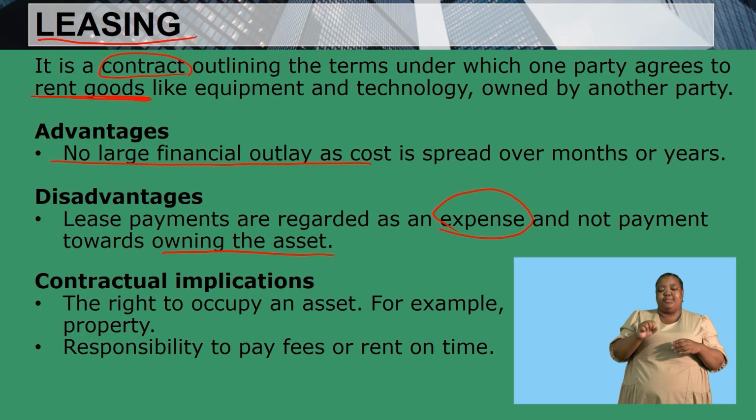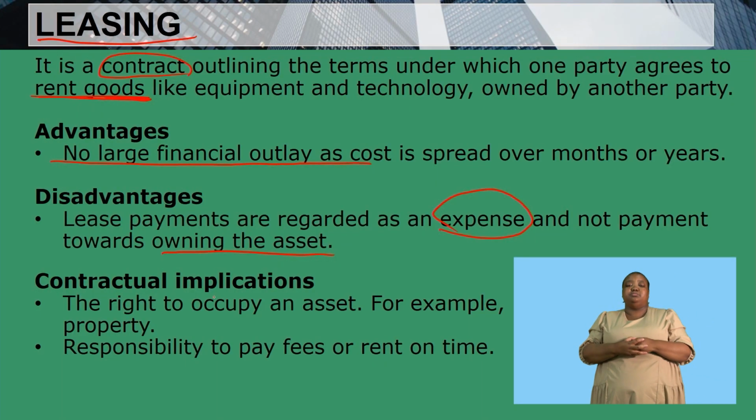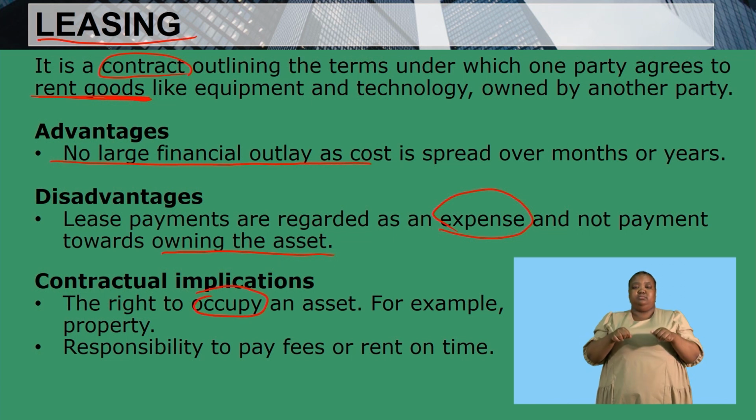The contractual implications for leasing say that you have the right to occupy an asset for the duration of the contract. So if I have leased a car, I have a right to use that car whenever I want to use it until the contract has been terminated, because for that duration, the car belongs to me.